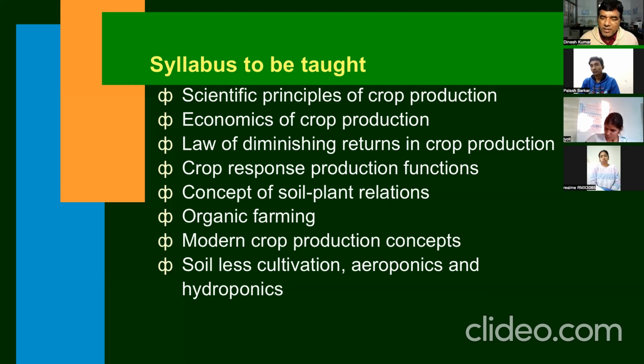C.A. Black has written one book, Soil Fertility and its Evaluation. That is the third book. Number 4th book, Statistical Methods, is written by Gomez and Gomez. This book is good for the fundamentals of statistics, particularly experimental designs.